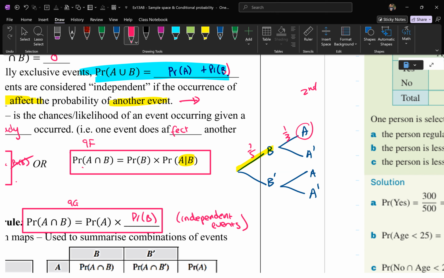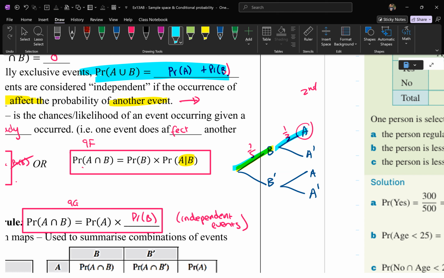Is this 1/3 chance, the 33% chance, affected by B or not? Okay, if it's not affected by B, that means chance of getting A is always going to be 1/3. Doesn't matter, right? Every time you flip, it's going to always be 1/3. But if it does matter, if me getting B affects whether I get A or not, that becomes conditional. So what changes in your multiplication? You still multiply them.